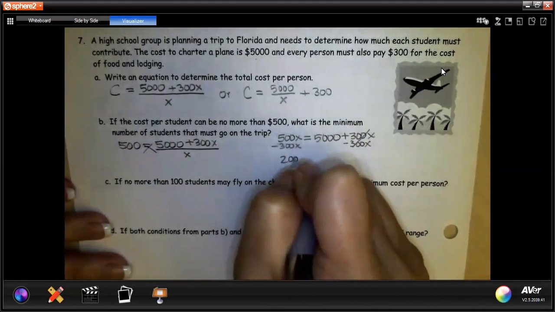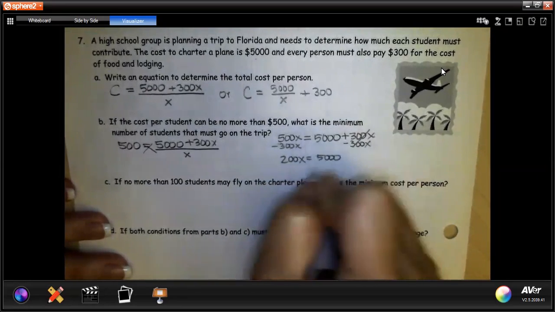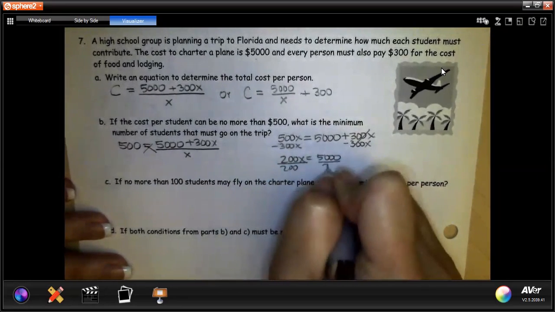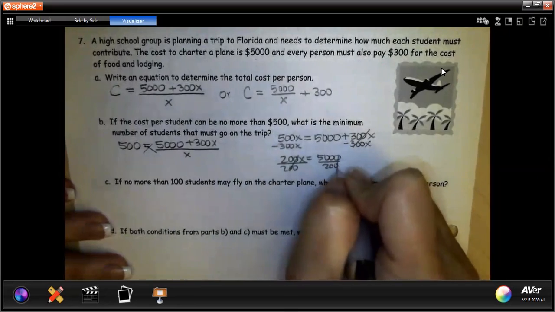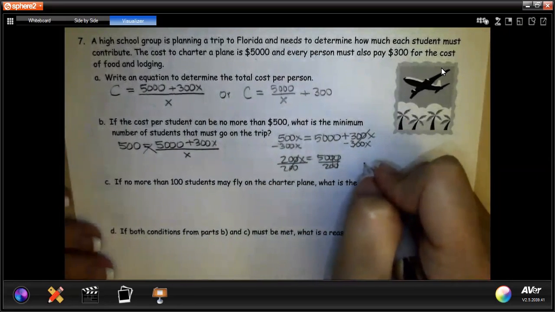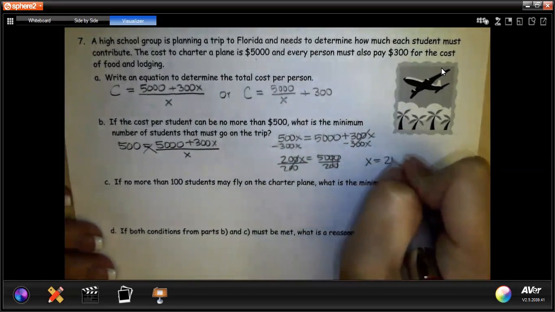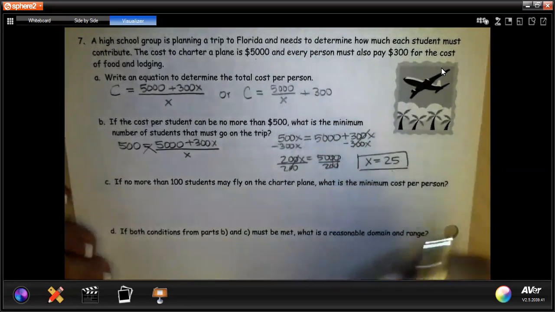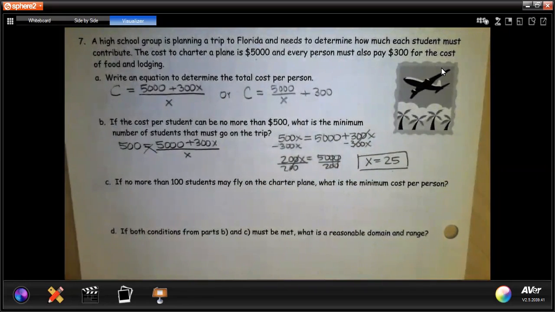And so we get 200x is equal to 5,000, and we divide by the 200. That is 25. So 25 students need to go for it to be at least $500. If more students went, then it would be less than the 500.